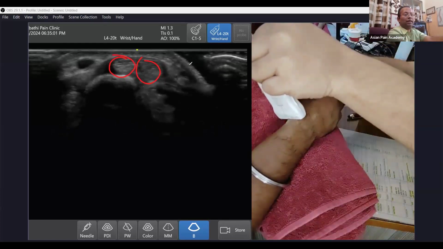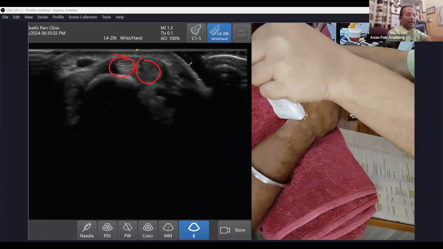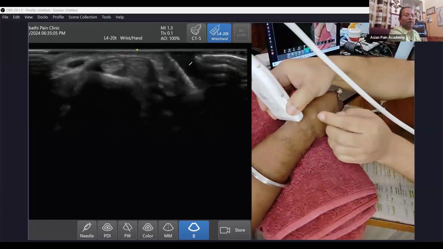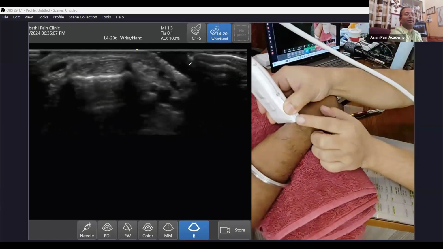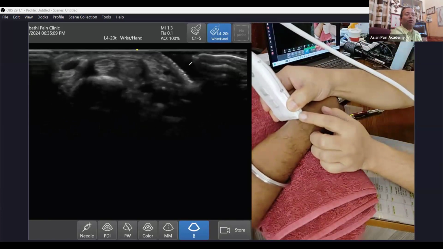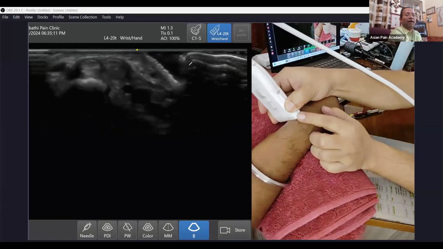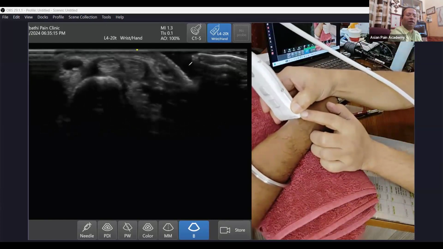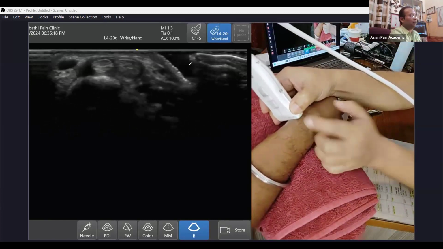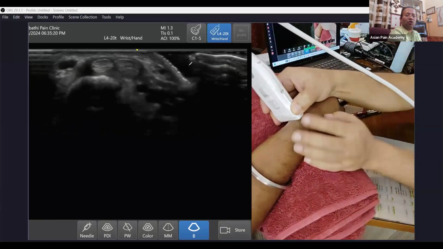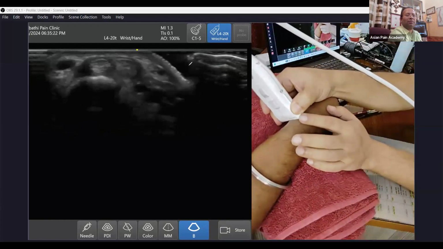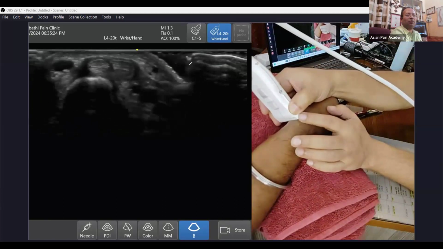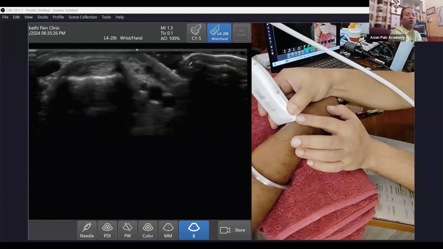In de Quervain's tenosynovitis, you get a lot of fluid around the tendon. Some amount of fluid around all the tendons is acceptable, a normal variation. Somebody has a bit more, somebody very less, but it is normal.